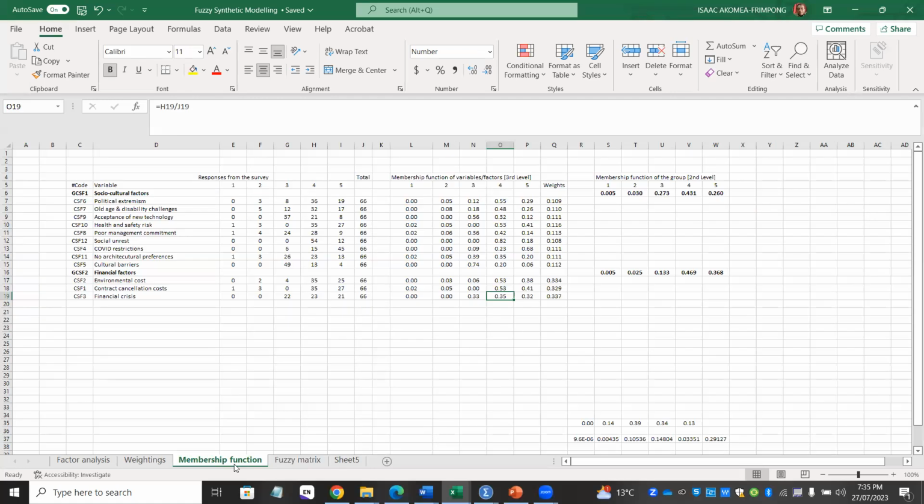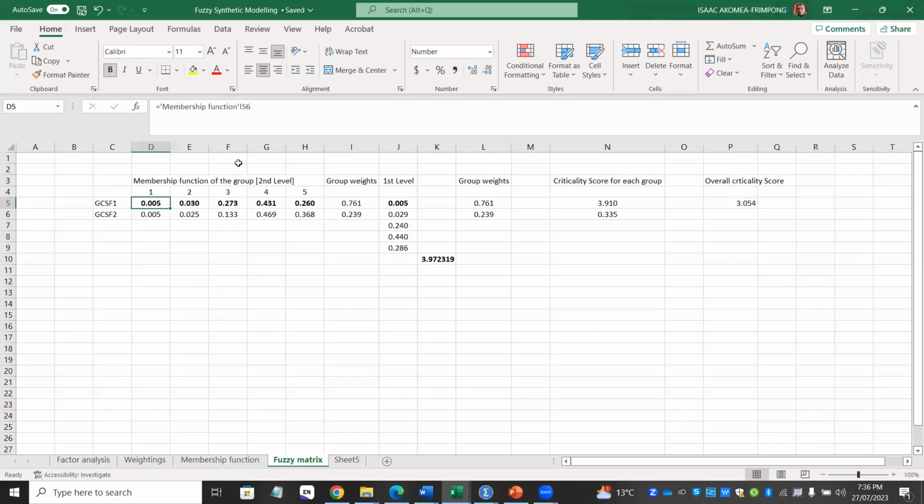Remember, for us to get the membership function of the group, we multiply the membership function of each variable by their weights. So if we also want to get the membership function of the first level, then we also have to multiply the membership function of the group by their weight.